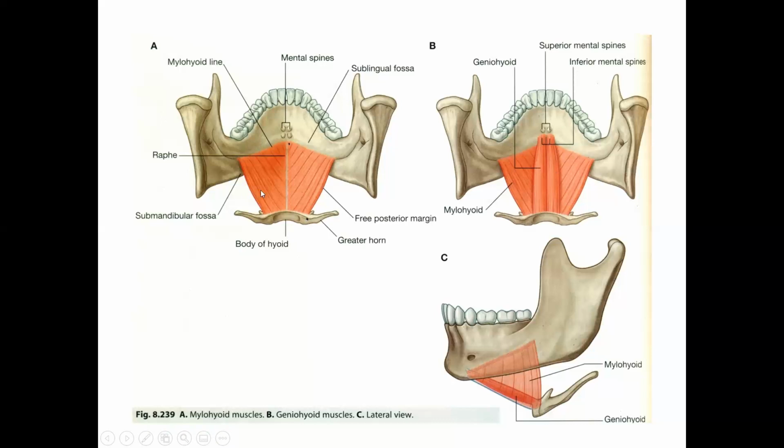It also assists the mylohyoid muscles. So the function of the mylohyoid muscle and the geniohyoid muscle is the same. First of all, it gives structural support to the oral cavity. Then it fixes the hyoid bone and depresses the mandible to open the oral cavity.